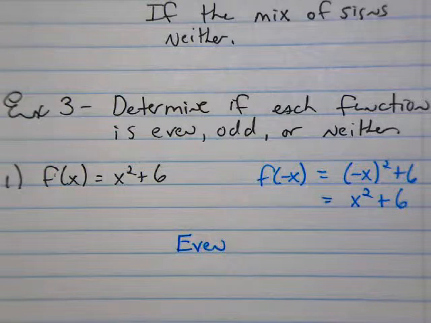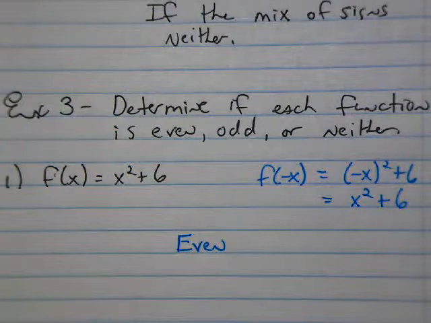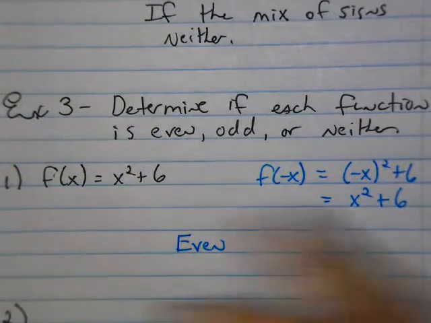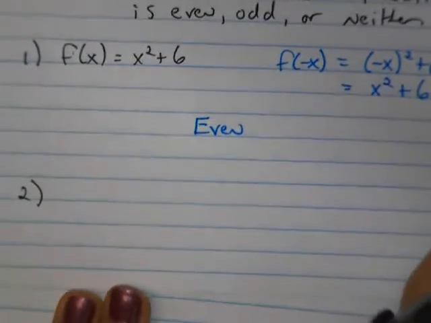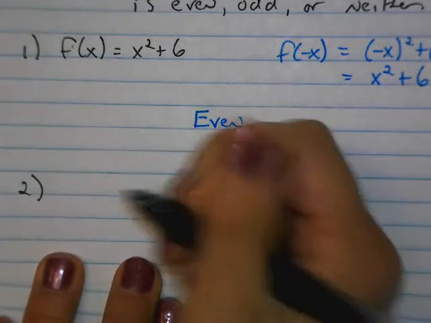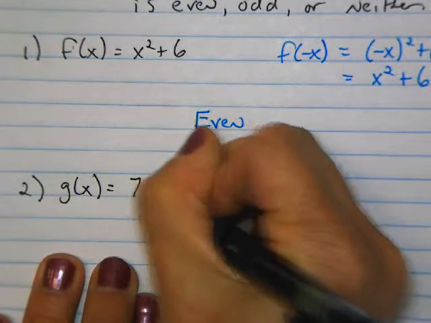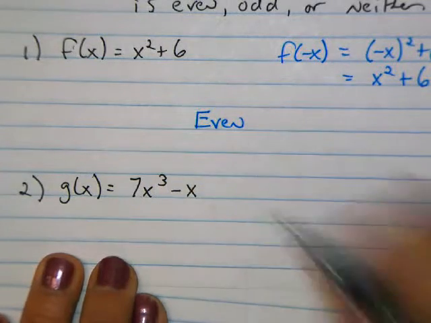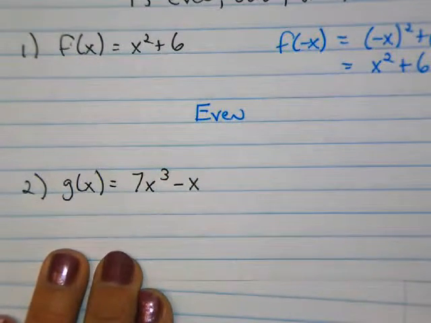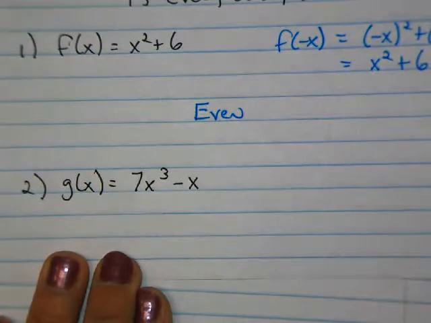Alright, let's try another one. Let's say I had g of x is equal to 7x cubed minus x. Alright, let's go ahead and find g of negative x.